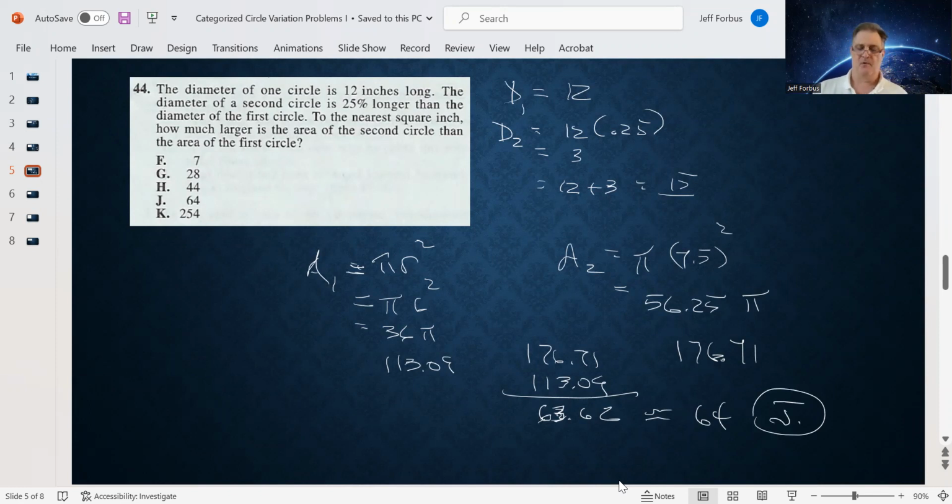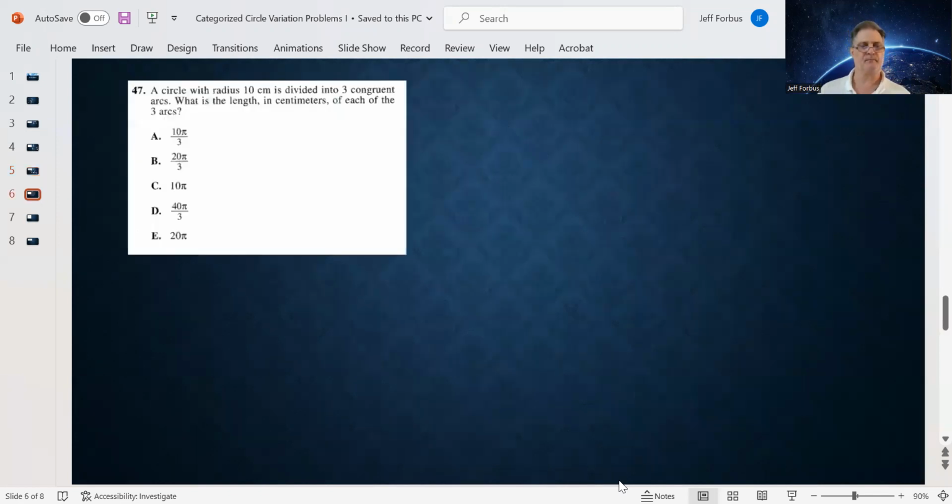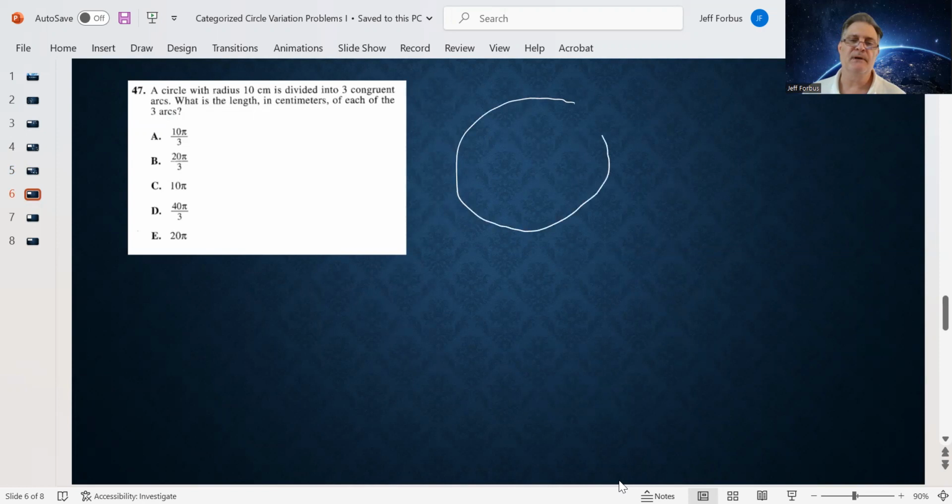All right, a few more. 47. Now, this one says a circle with a radius of 10 centimeters is divided into 3 congruent arcs. So draw a circle. Here's our circle. It's divided into 3 congruent or equal arcs.